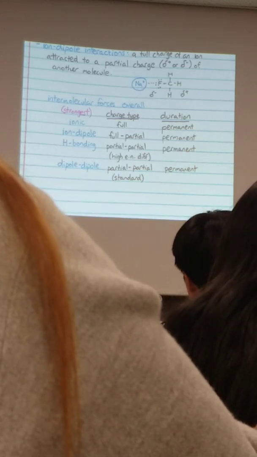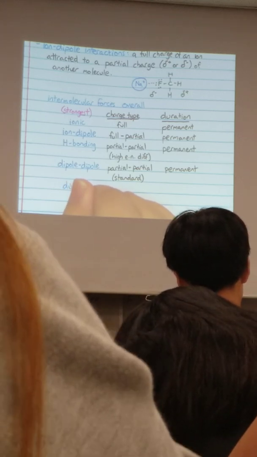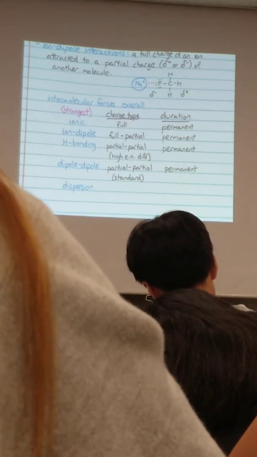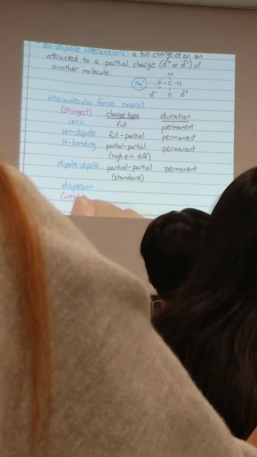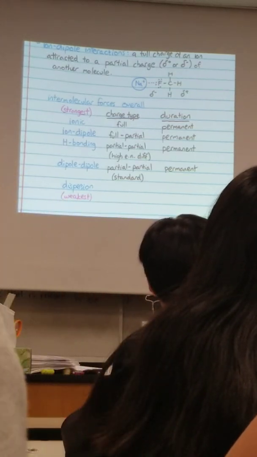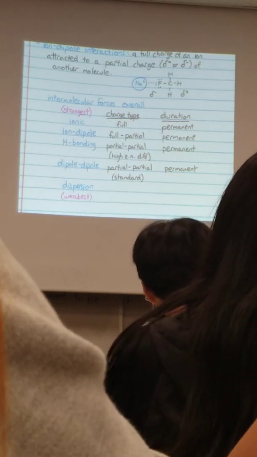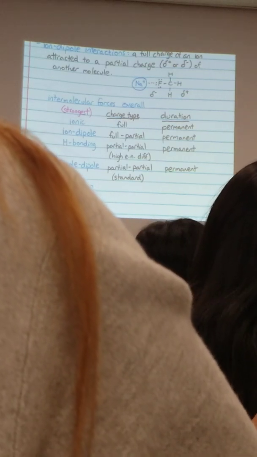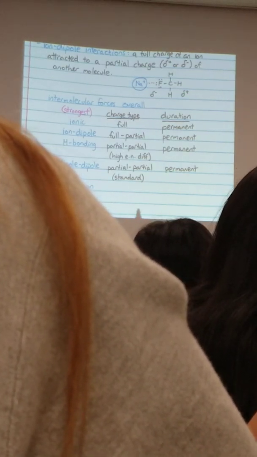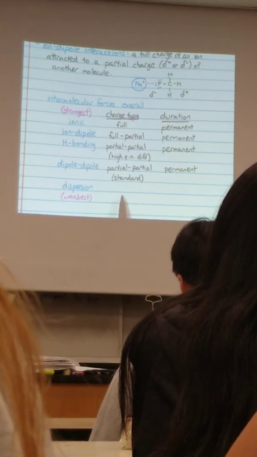What's our weakest one? Dispersion. Okay, so dispersion is considered the weakest. Okay, now for the charge type. We still get delta pluses and delta minuses. We do.